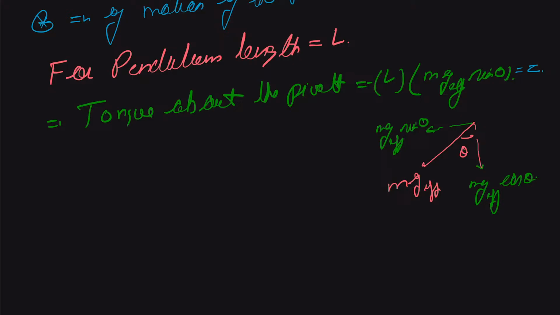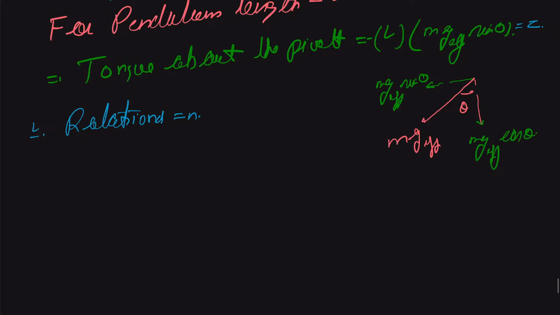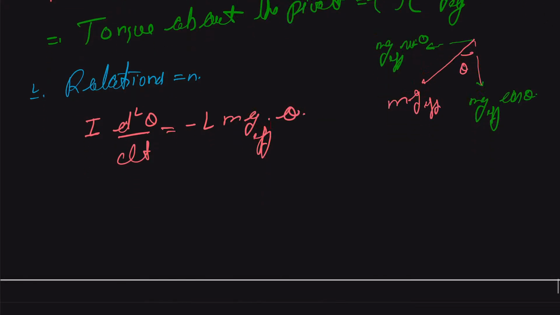So we can write the rotational equation for our motion: I times the double derivative of theta is equal to minus L mg effective times theta, and the moment of inertia is ml square.